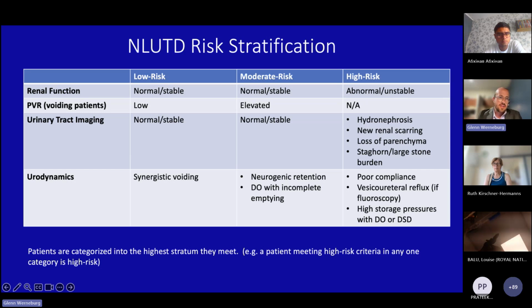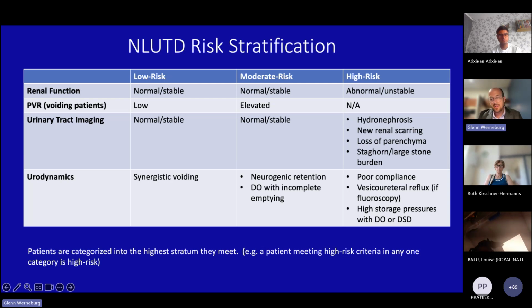So you get your renal function, you get your PVR, presumably you have that already, and then you perform urinary tract imaging. I'm purposely vague here, but usually this is an ultrasound unless you need something else for another indication, for example, gross hematuria. But the point is, if you have axial imaging or you have more precise imaging, you don't also need an ultrasound if you have the information that you need from another study.